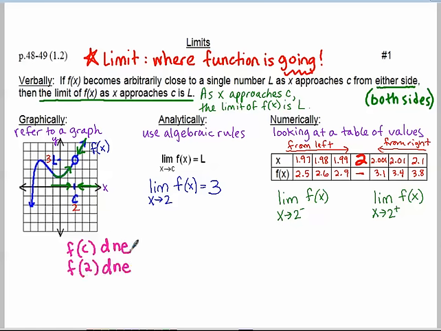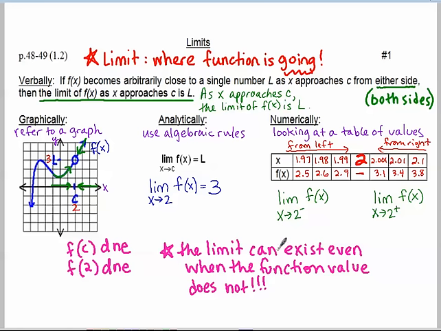That's the function value. The limit can exist even when the function value does not. Because remember, we're looking at where the function is going. The limit is where the function is going. Not where it gets, but where the function is going.